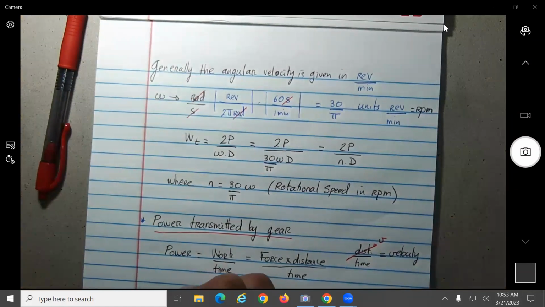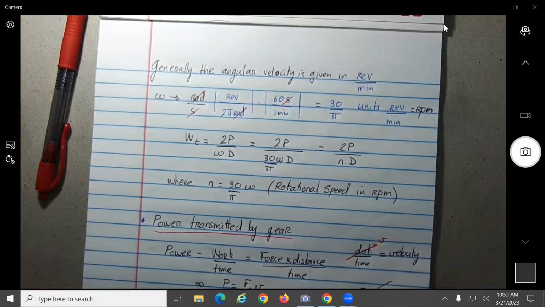Really, we could say here that the power is force times velocity. Okay, what is the value of the force?